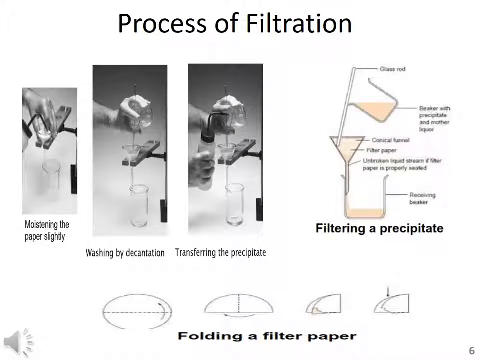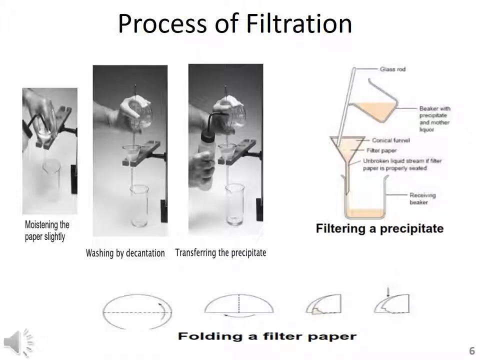So after formation of precipitates, a suitable filter paper will be chosen, and this filter paper will be folded as in this picture. I mean, you can just fold it in two sections, then make it four sections of a filter paper. And using this filter paper, you can filter the reaction mixture.